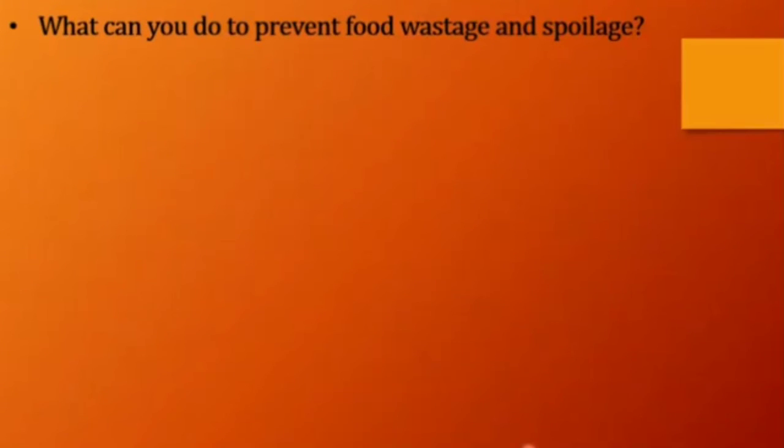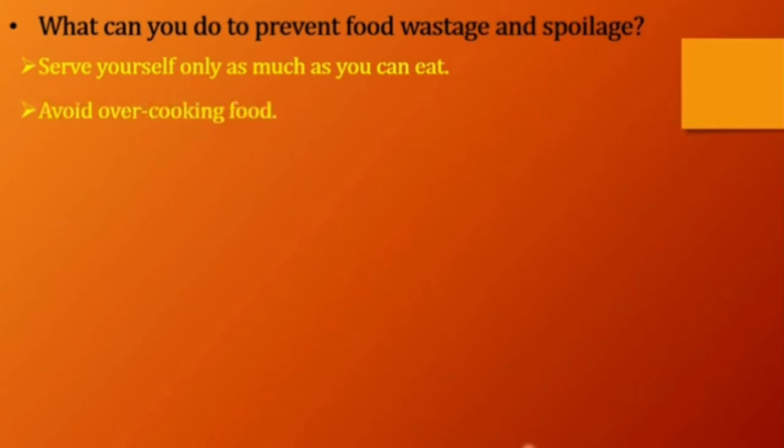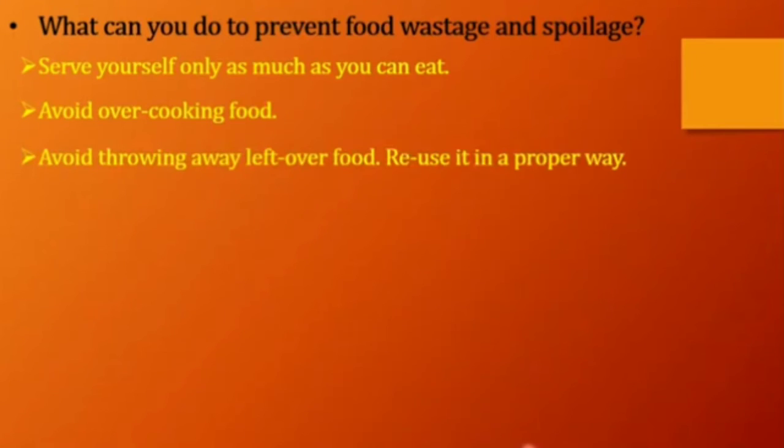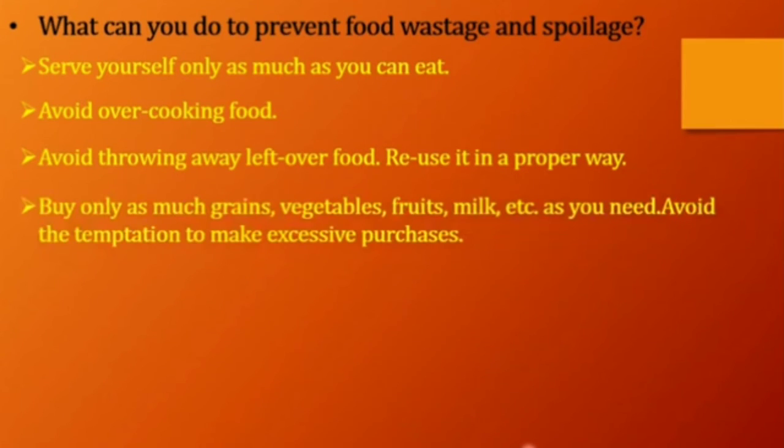Children, what can you do to prevent food wastage and food spoilage? Serve yourself only as much as you can eat. Avoid overcooking food. Avoid throwing away leftover food. Reuse it in a proper way. Buy only as much grains, vegetables, fruits, milk, etc. as you need.